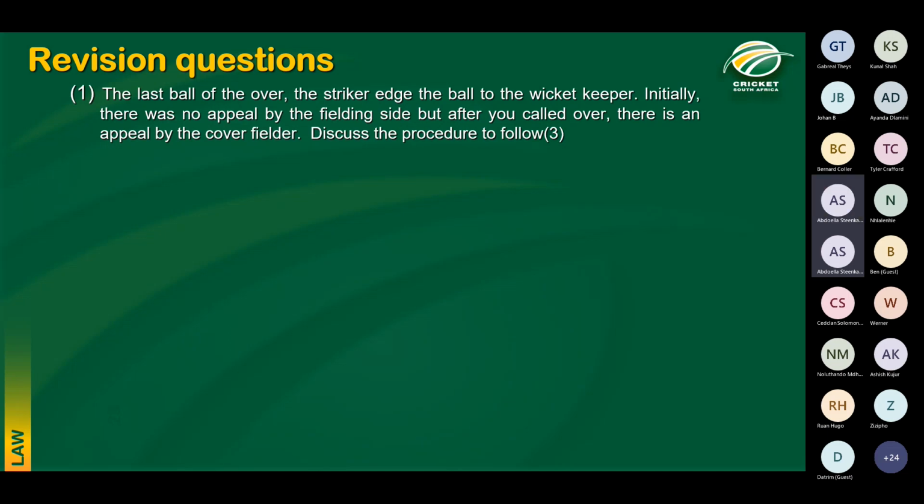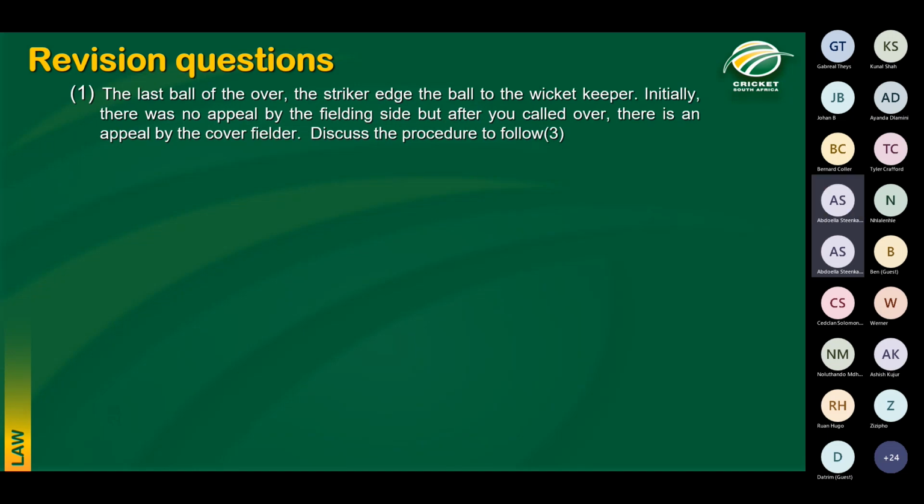So it's the last ball of the over. The striker edges the ball to the keeper. Initially, there was no appeal by the fielding side. You then call over. Now there's an appeal by the cover fielder after you've called over.